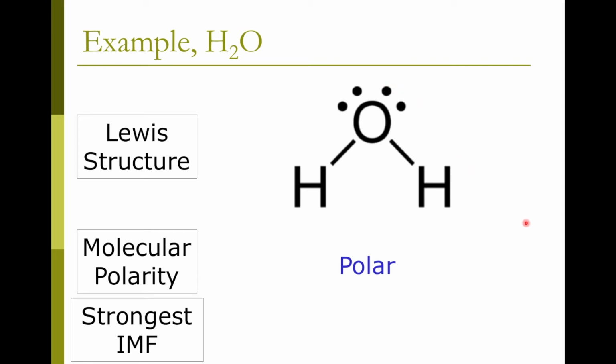So its strongest intermolecular force is going to be hydrogen bonding. The intermolecular force could have been either dipole-dipole or hydrogen bonding because it's a polar molecule. But since hydrogen is directly bonded to oxygen, it is going to be hydrogen bonding.